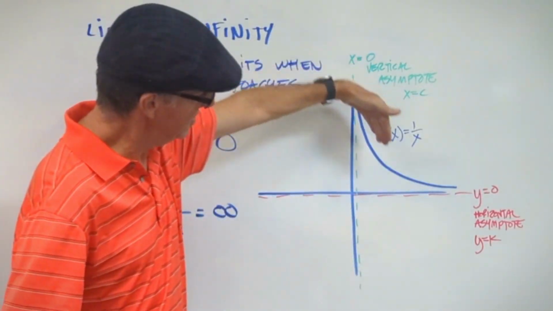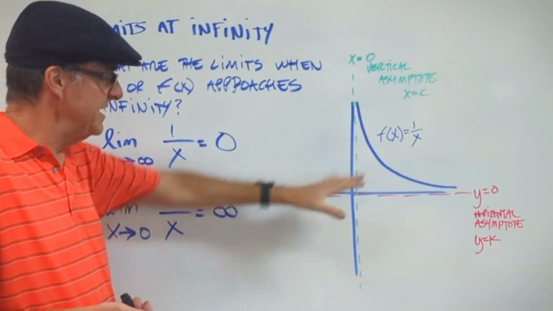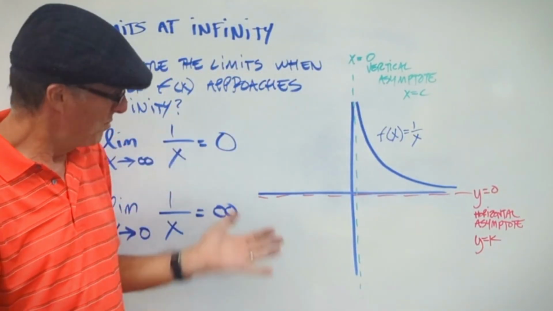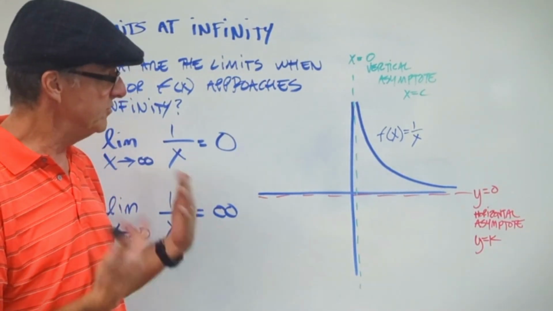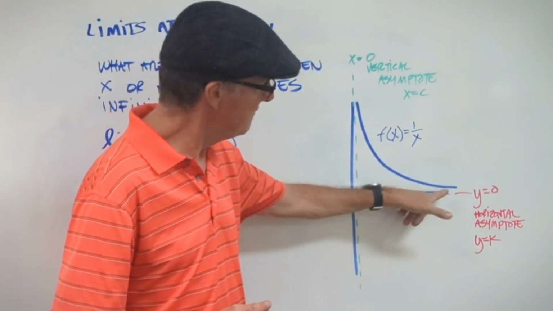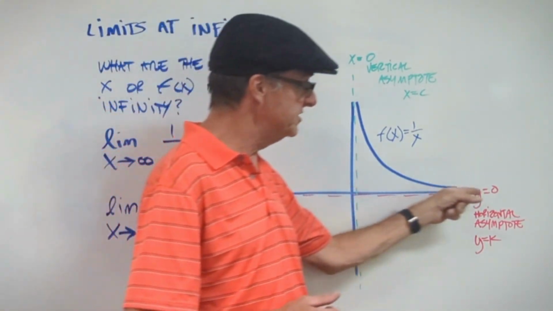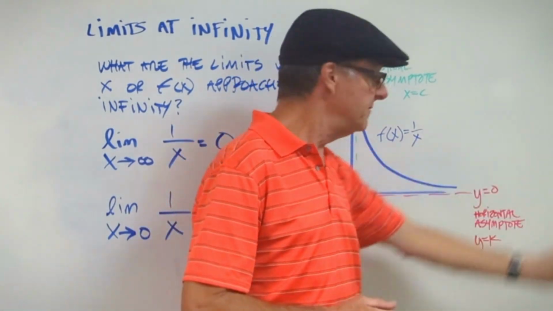So here's my function. It's this curve here. That's how it looks in the calculator. I didn't put any numbers on my axes because I know pretty much that's how that graph looks. We don't need numbers for this discussion. So check this out. As x is approaching infinity, that means the x value is getting bigger and bigger. We're going further and further to the right.